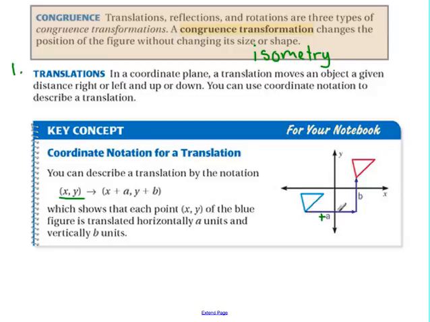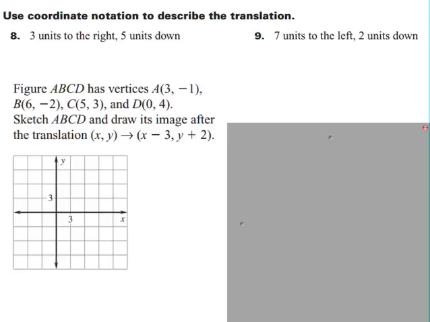This is adding a distance of a. And this is y, where we're at in the y plane, and we're going to move up some distance of b, so that's why we're saying plus b. This shows the point x, y, and the blue figure is translated horizontally a units, that means to the right, and vertically b units, that means up. That's the notation we will use for translations.